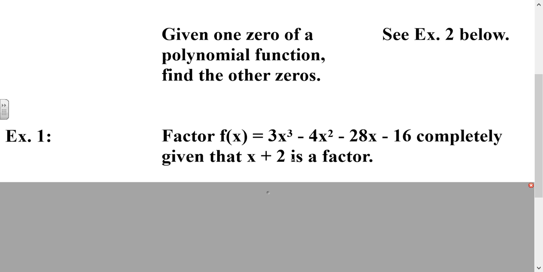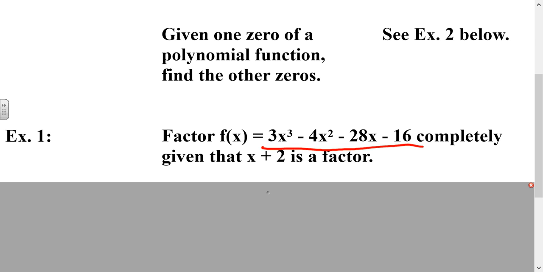So I need to know one of the factors to be able to start this problem. Since I know that x plus 2 is one of the factors, and remember factors are the things we multiply to make up this answer, then if I take this polynomial divided by x plus 2, I can find out what the other factors are.